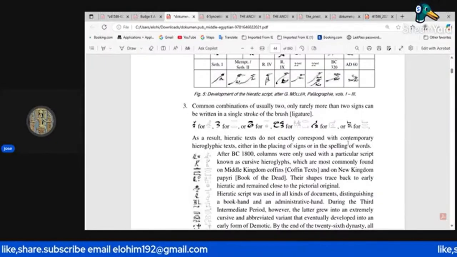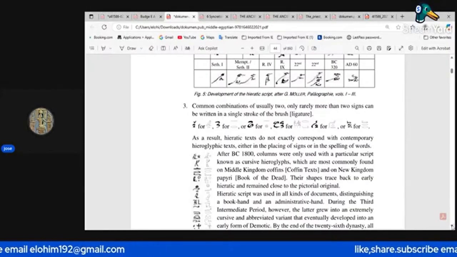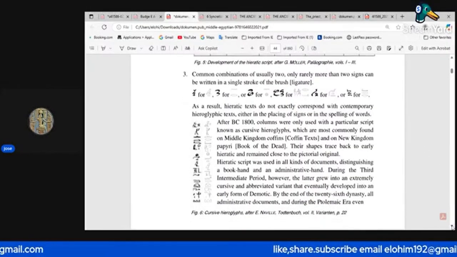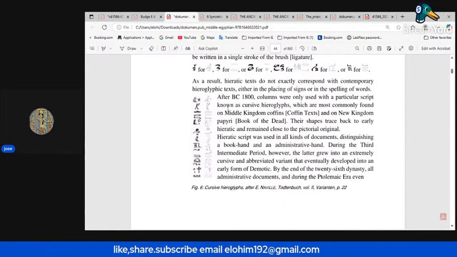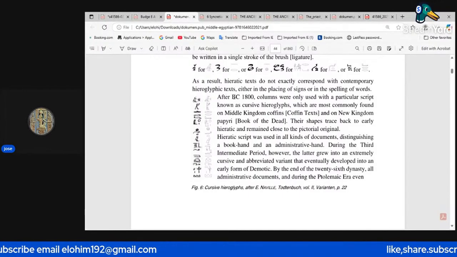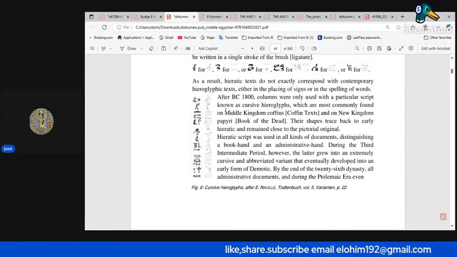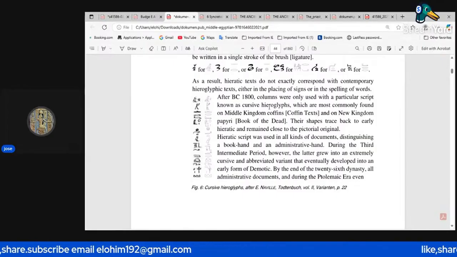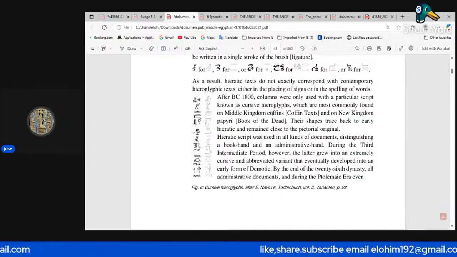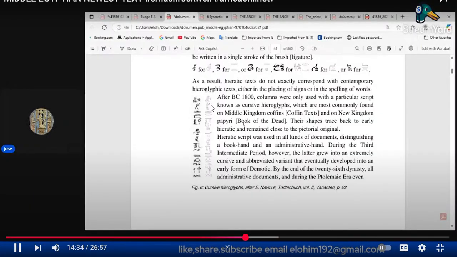As a result, hieratic texts do not exactly correspond with contemporary hieroglyphic texts, either in the placing of signs or in the spelling of words. So this would be Saba. After BC 1800, commas were only used with a particular script. This is Dua in the hieratic and the hieroglyph known as cursive hieroglyphs, which are most commonly found on Middle Kingdom coffin texts, and on New Kingdom papyri.